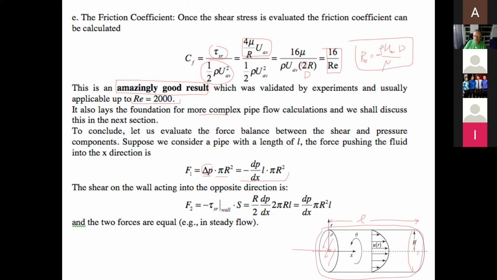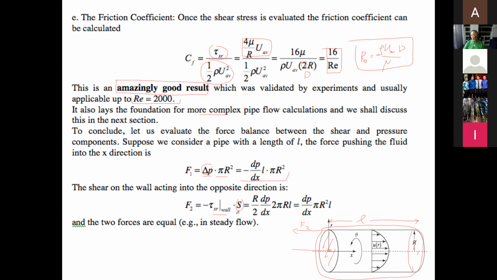Now the force which is holding the fluid back is the shear, F2. So F2 is the shear on the wall multiplied by, it's not area, S would be the length of the circle. So circle length. I should have used maybe small s instead of capital S, because we use capital S for the area.